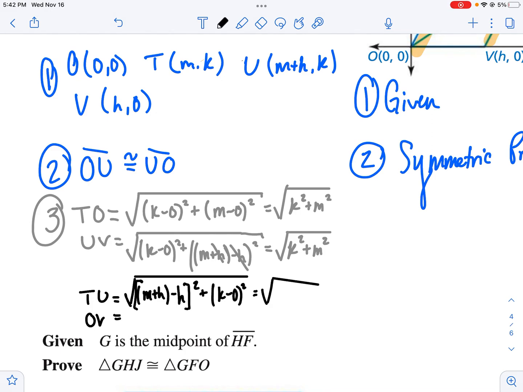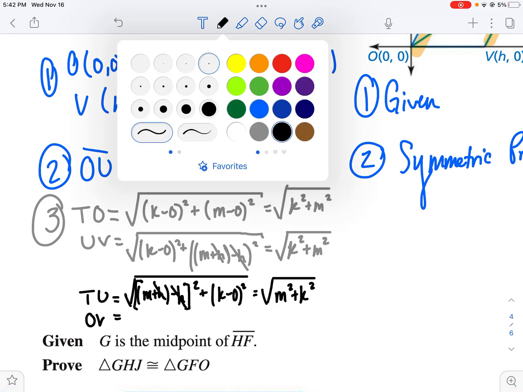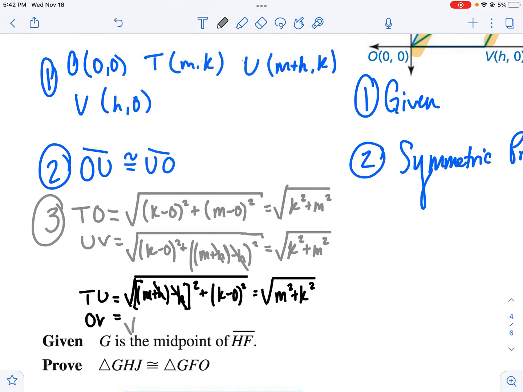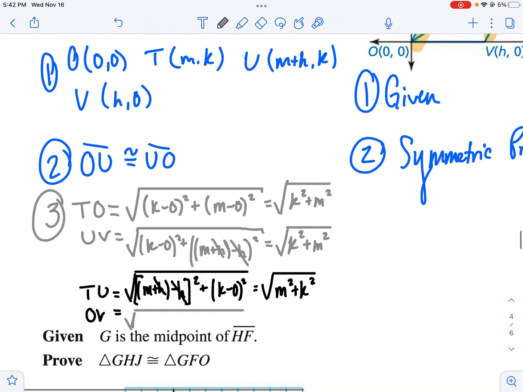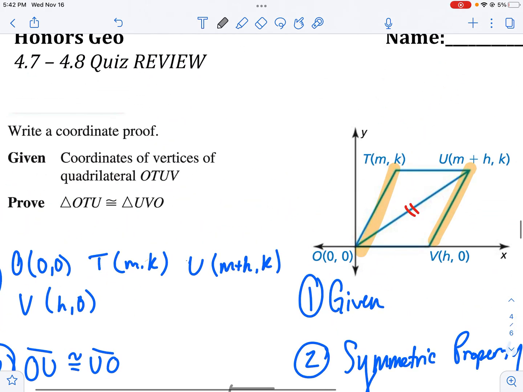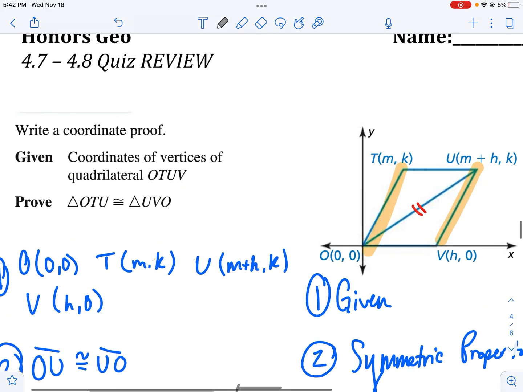And that would get me, the h's would reduce here, and I'm left with m squared plus k squared. And I would do the same thing for OV. I'm going to change back to gray just so you can see it a little bit better.